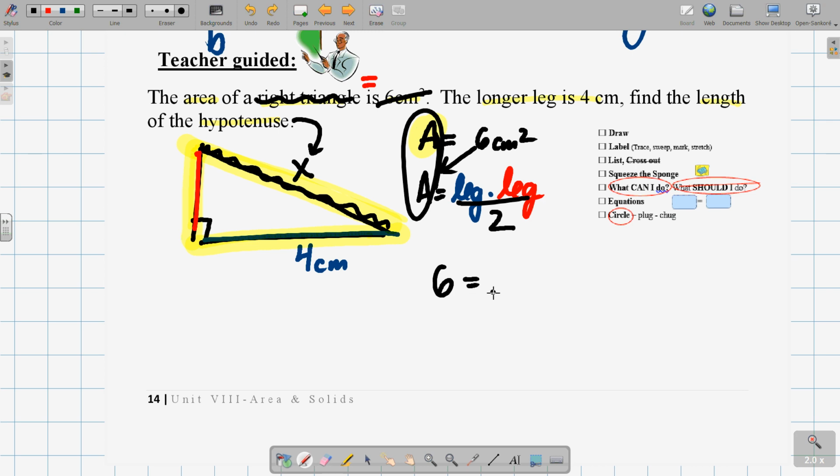6 equals 1 leg. Circle, plug, chug. Times the other leg that we don't have over 2. We're going to solve here.